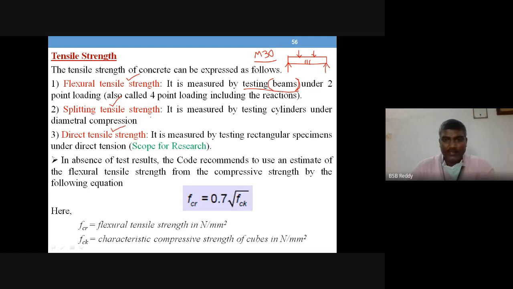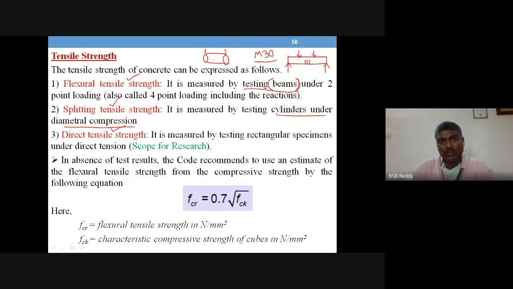Split tensile strength. It is measured by testing cylinders under diametral compression. So, 150 mm diameter, 300 mm height, cylindrical molds you have.